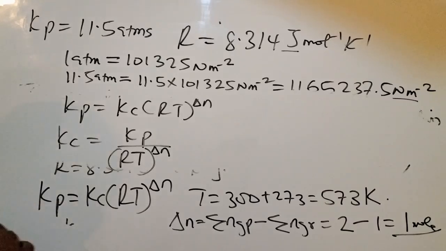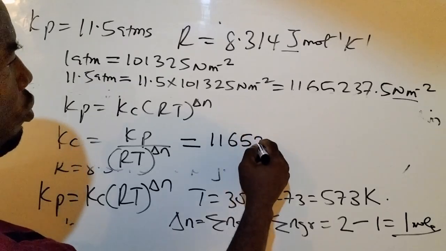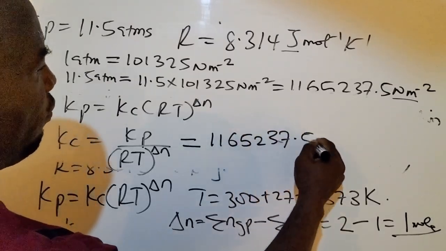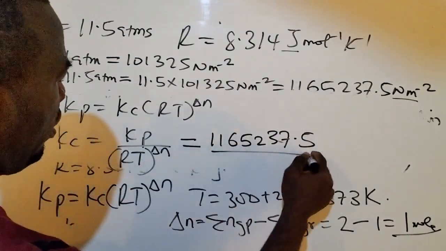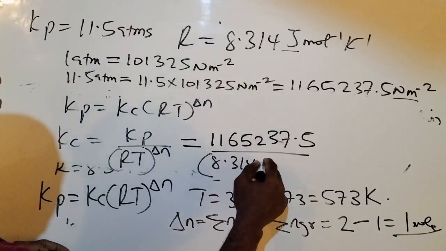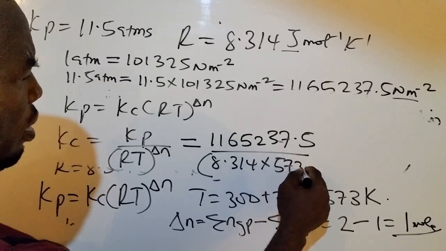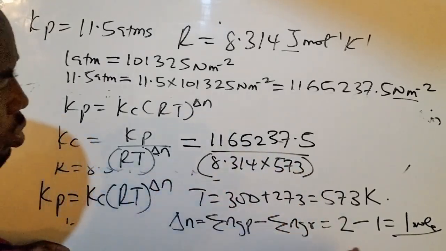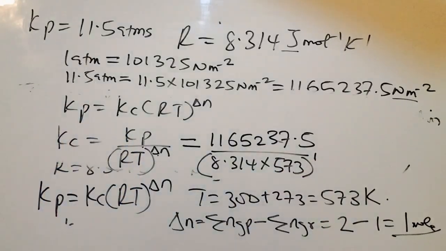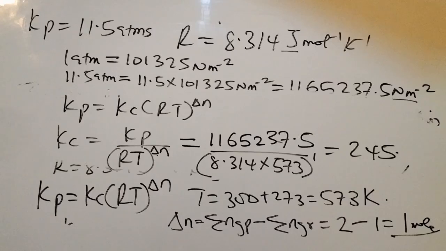The value of your Kp is the converted value, 1,165,237.5, all over the value of your R, 8.314, times the temperature, 573 Kelvin, raised to the power of the change in mole, which is 1, so no difference. When you solve this, you have your final answer as 245. So that is the value of our Kc for that reaction.